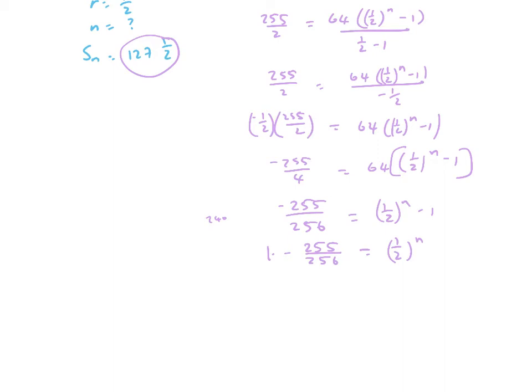What is 1 minus 255 over 256? It's 1 over 256, I kid you not. So therefore that is 1 over 2 to the power of 8, so it's a half to the power of 8, equal to a half to the power of n, therefore n is equal to 8. So it's the sum of 8 terms that's going to equal 127 and a half.